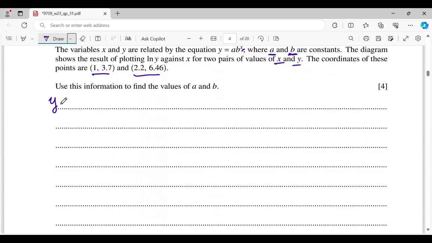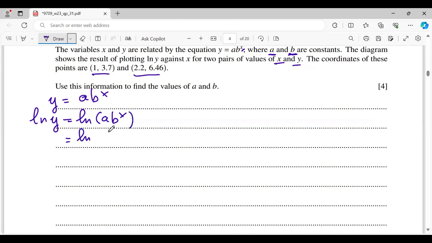The function is y equals a b power x. So if I take ln, ln y equals ln of a b power x.